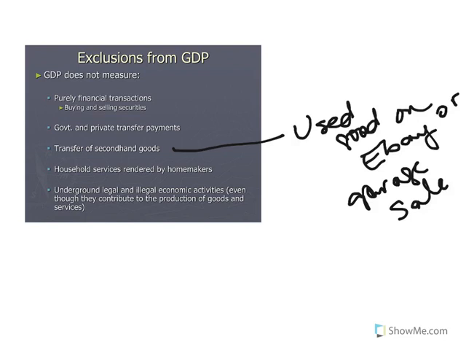But if you just clean your house yourself, even though you're doing the same exact thing, providing the same exact service, because you're not getting paid to do it, that would not be included in gross domestic product. And then, of course, I've already indicated that any underground or illegal activities are not going to be included in the estimation of GDP.